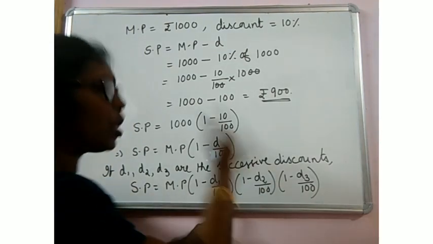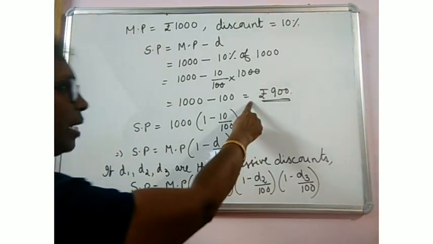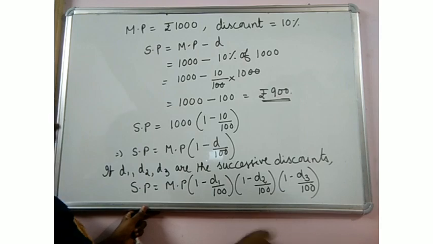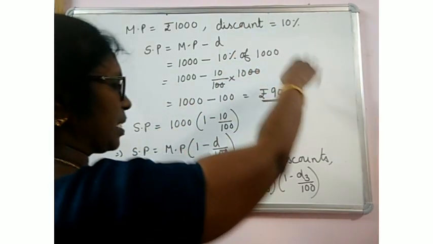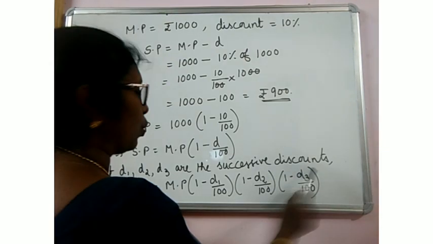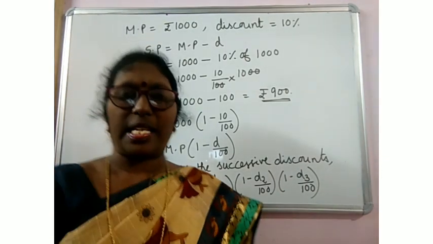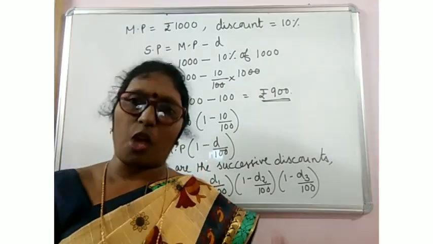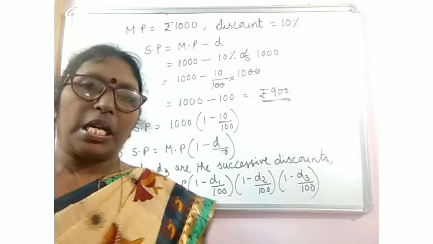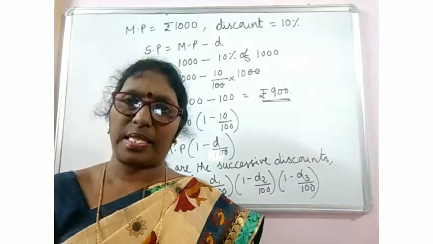For the same question, if the three successive discounts are 10%, 5%, 2%, you write 10 here, 5 here, 2 here, and simplify. When I solve problems, I will solve one problem based on this. So remember children, discount is always calculated on the marked price.